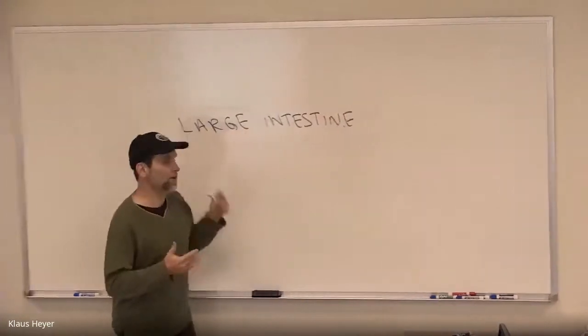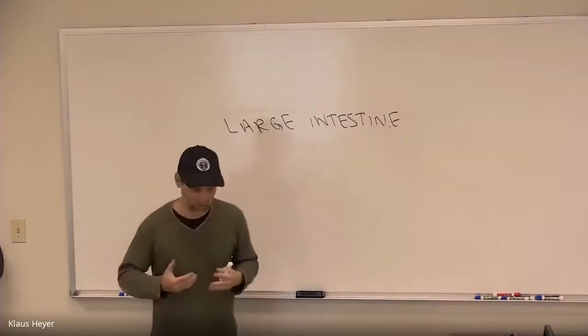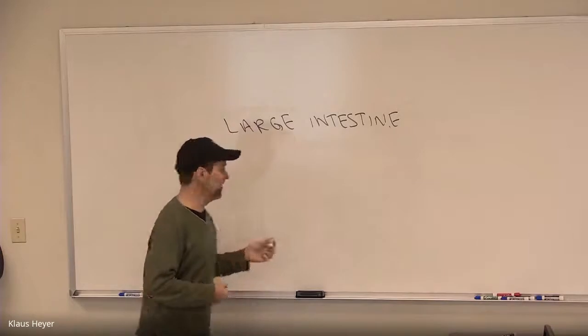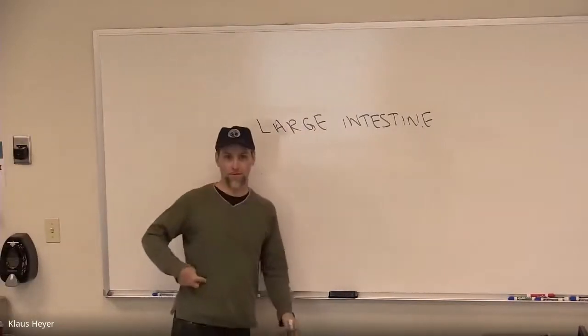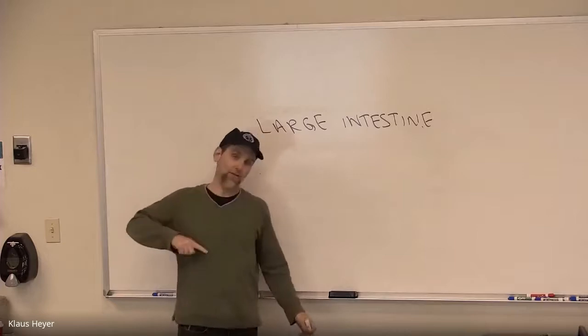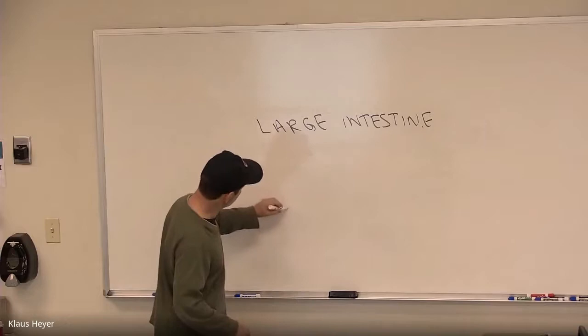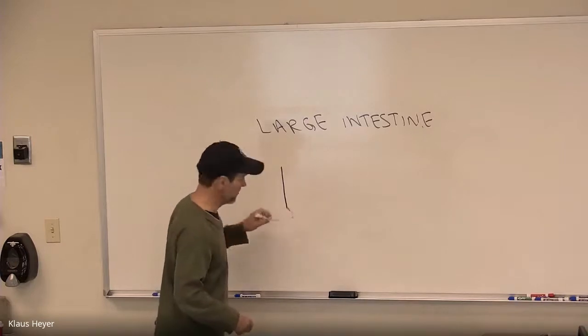And when you look at it, we call it like the colon, right? So there's different parts. Like the large intestine, well, it kind of looks like this. It's going to start down here, and it's going to come up, and it's going to go over, and it's going to drop back down, right? So it's coming up here. I'm drawing something.